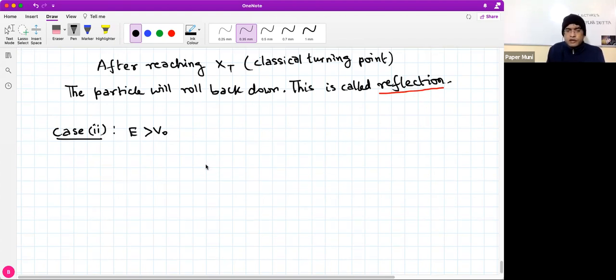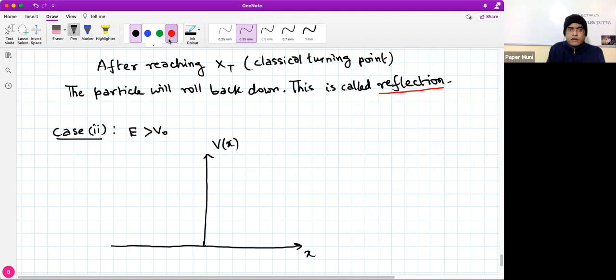So let's draw the graph again. So this is Vx, and this is x, and we have the potential as earlier, the same way.